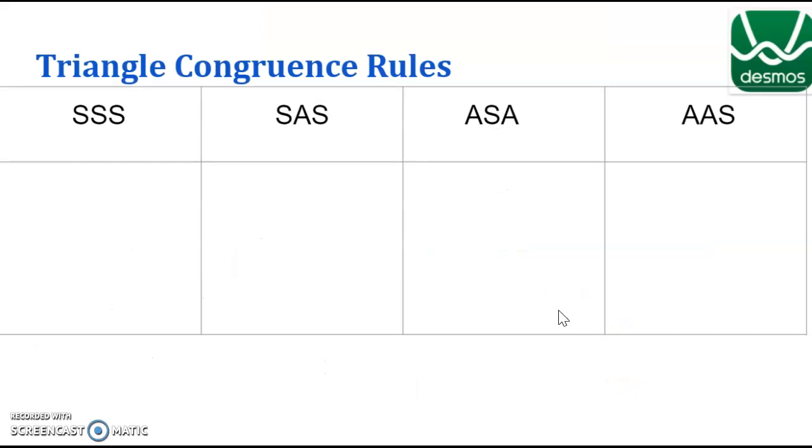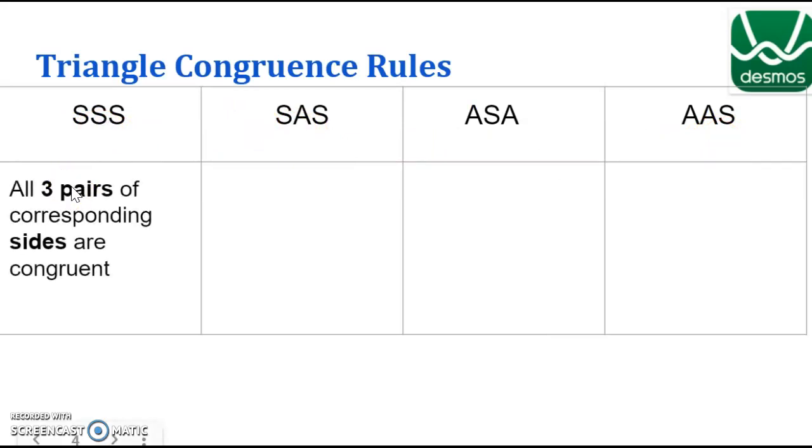All right, so let's get to our lesson. So triangle congruence rules. As you have told me, they are SSS, SAS, ASA, and AAS. Okay, what does SSS mean? That means we have all 3 pairs of corresponding sides that are congruent. What about SAS?